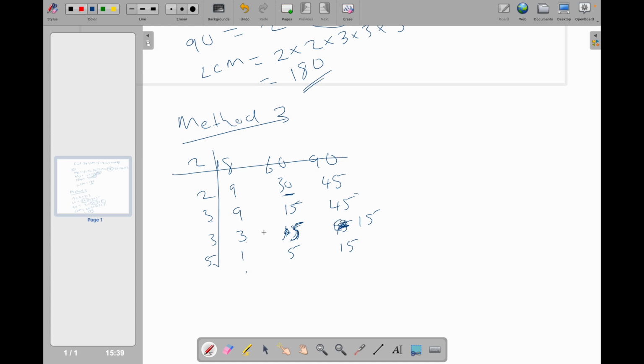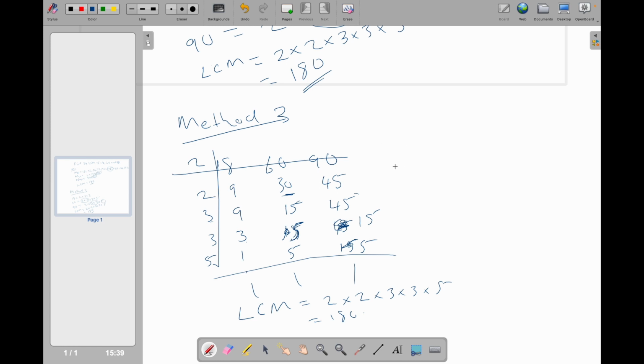Then if we divide by 3 again, here we get 1, here we carry the 5, and here we divide by 3 and get 5. Then if we divide by 5, we get 1, 1, 1, which leaves us with the lowest common multiple equal to 2 by 2 by 3 by 3 by 5, which equals 180.